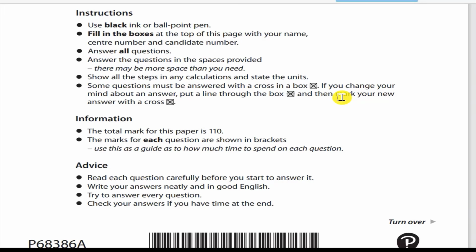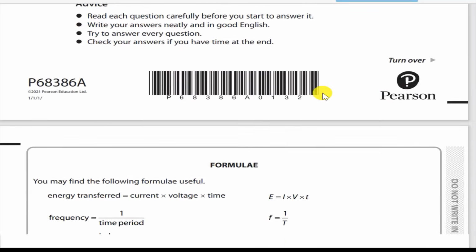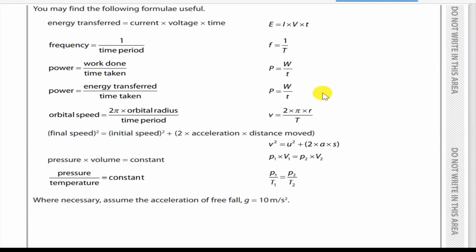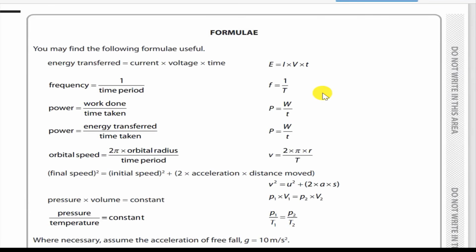Write your answer neatly and in good English. Try to answer every question. Check your answers if you have time at the end. There is a formula sheet here. You may find the following formulae useful.